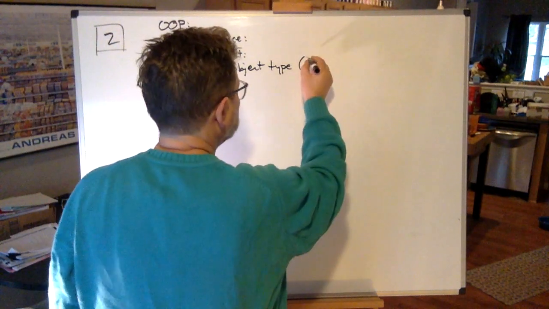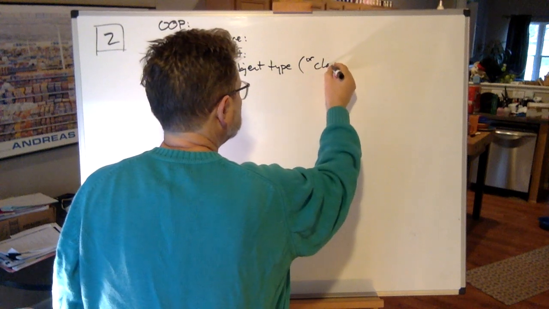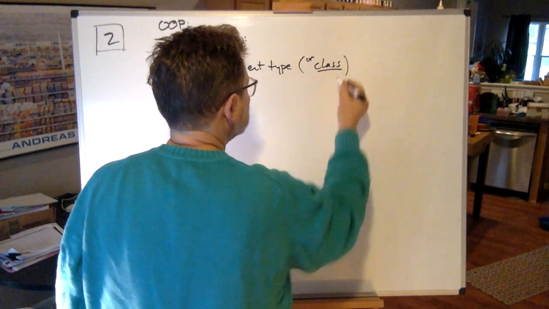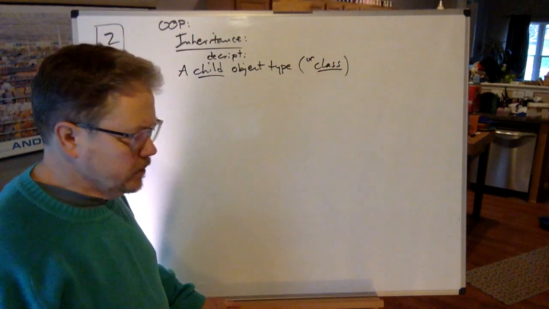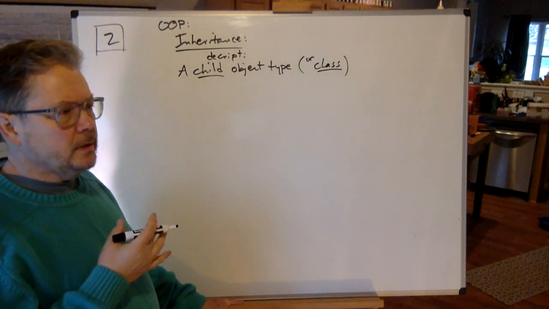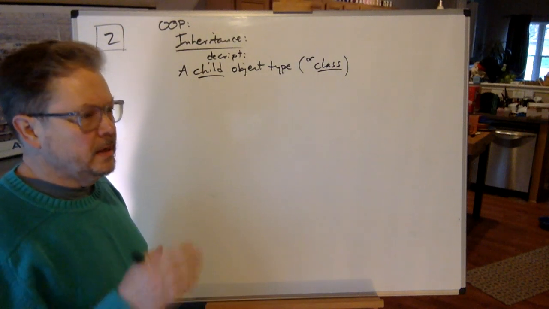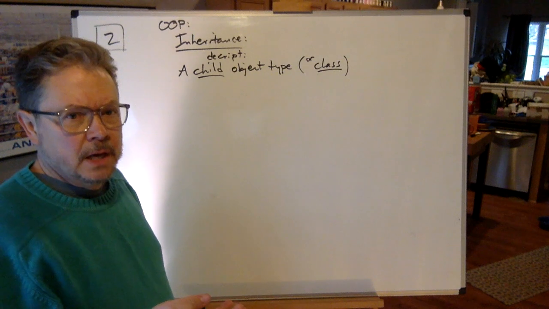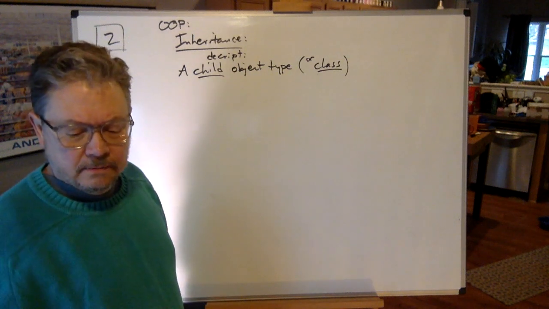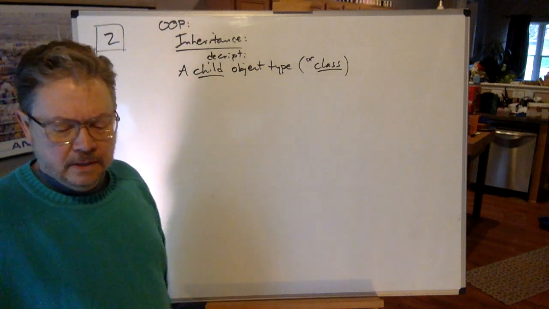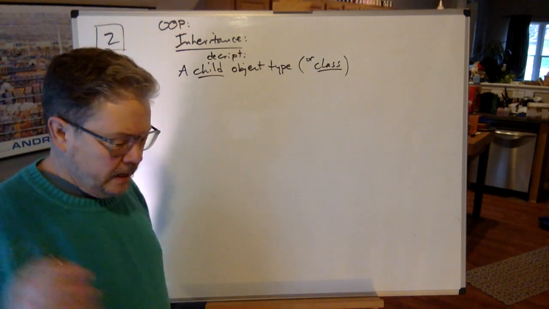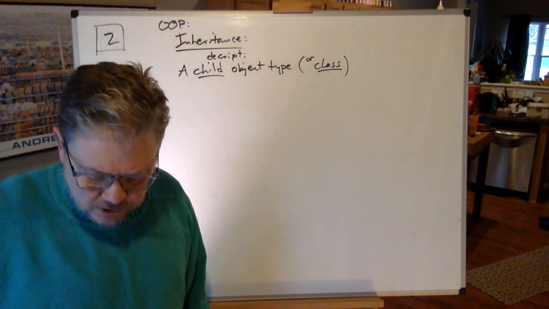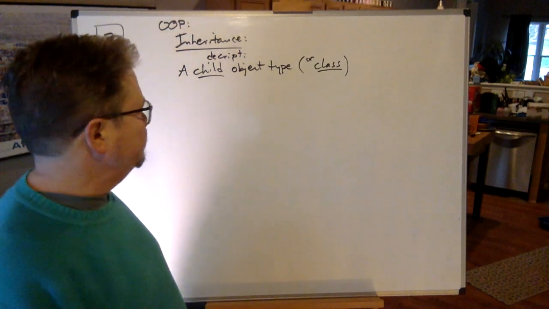There is a word for that, or class, C-L-A-S-S. That is such an overused word in computer science. In this particular context, it really just means sort of classification. I see a class of expired canned vegetables on the shelves in front of me. I see a class of desk lamps surrounding me, shining light in my face.